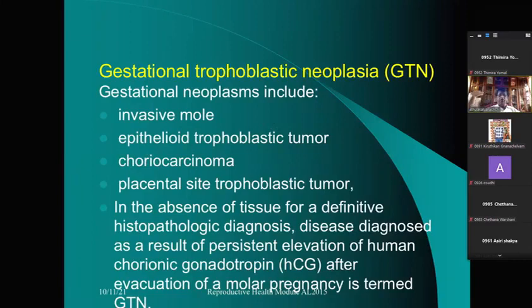And there is a group of disorders which can be locally invasive, as I say, the invasive molar pregnancy tissue, to an extremely malignant situation called choriocarcinoma. And also you can have two conditions called placental site trophoblastic tumor and epithelioid trophoblastic tumor, which are slightly different, ranging to an extremely malignant situation where it becomes locally malignant.